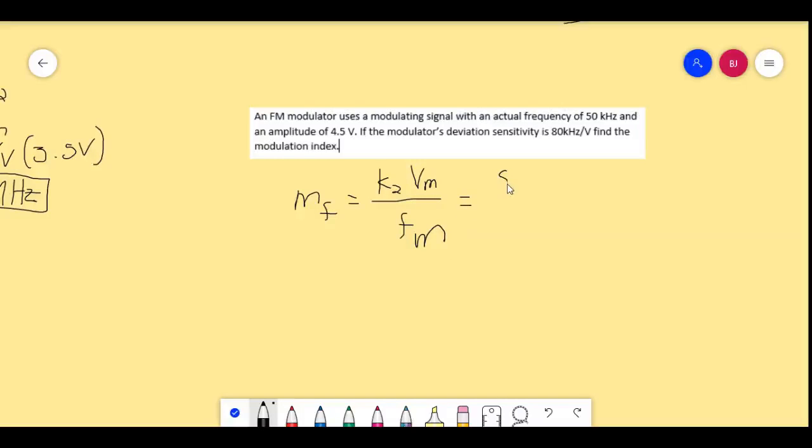So K2 is 80 kilohertz per volt. Multiply it with the amplitude of 4.5. And then divide it by our frequency, which is 50 kilohertz.